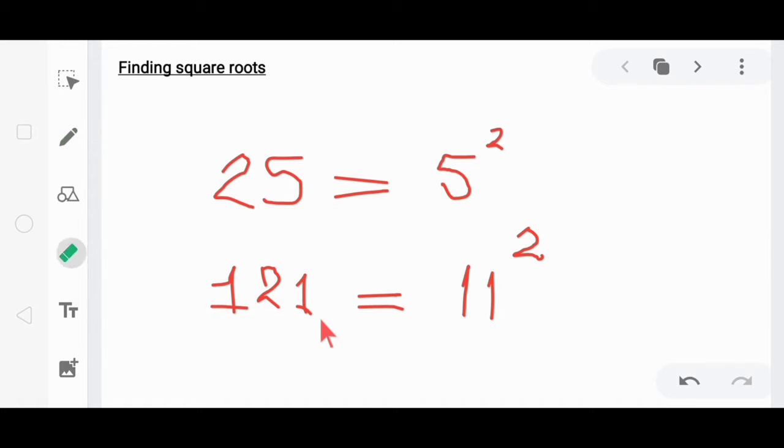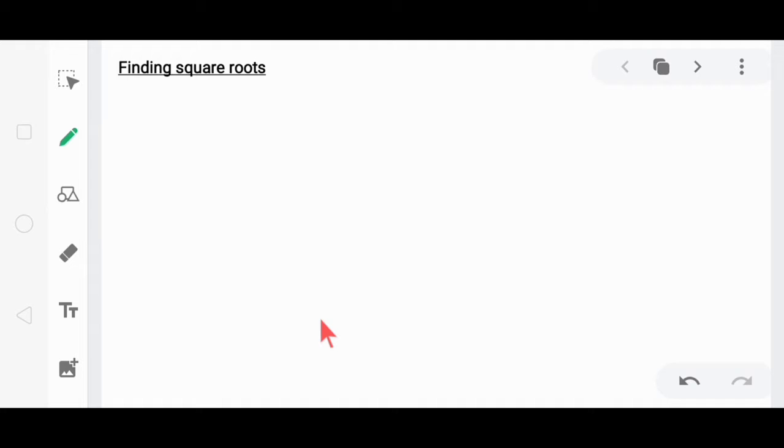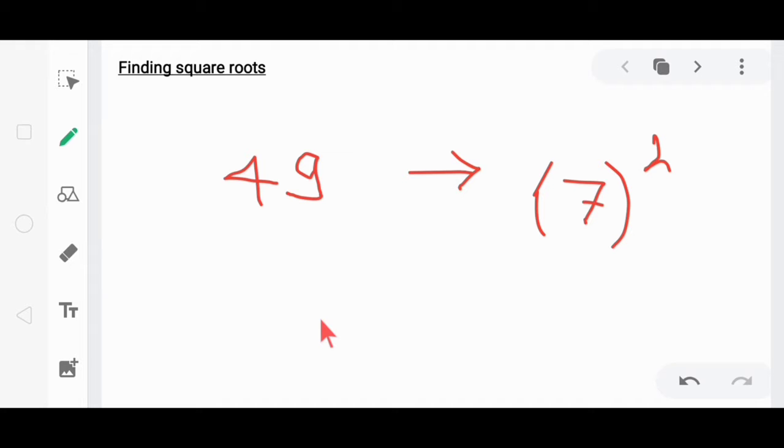Students, one more thing I need to discuss with you all. We are given a number 49, and you know that the square of 7 results in 49.